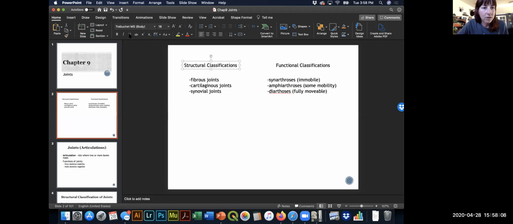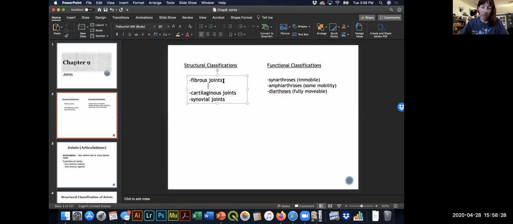I have to put an underline under these or I'm going to go crazy. Of the fibrous joints, let's make these bigger, and then we can do a little tab for examples.